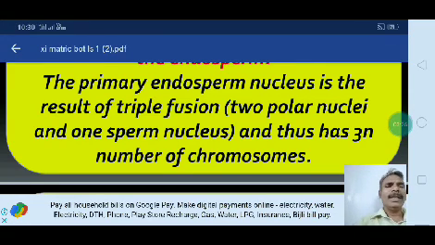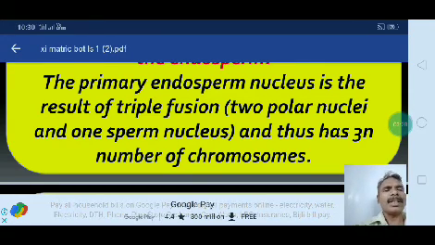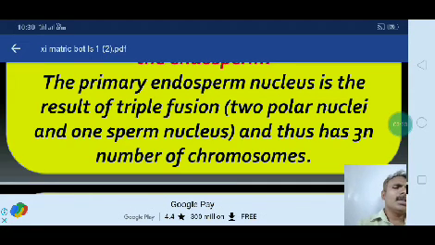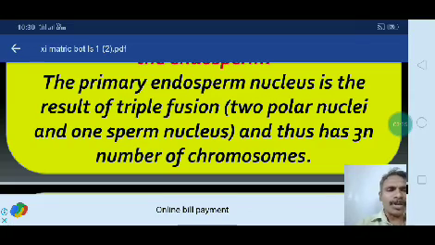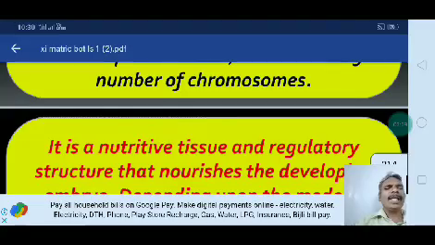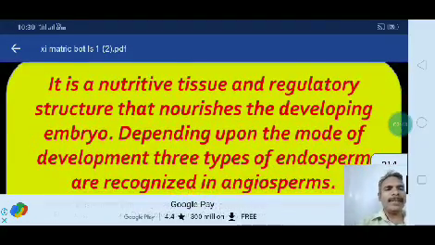The endosperm is a nutritive tissue and a regulatory structure that nourishes the developing embryo.